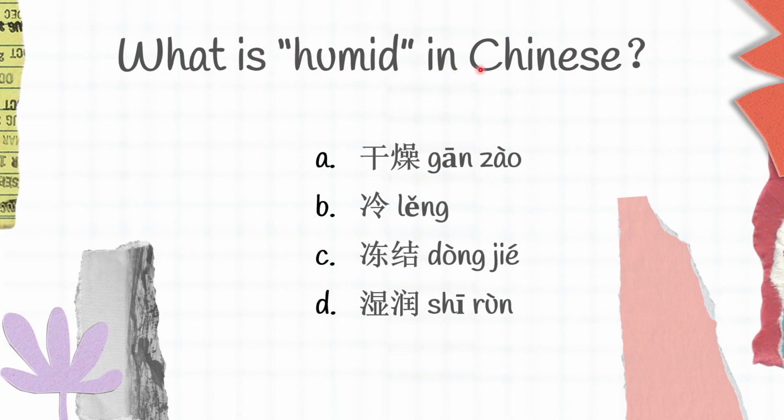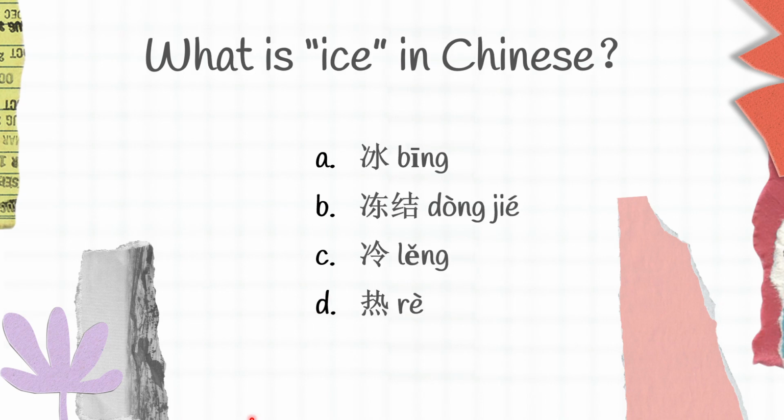So humid in Chinese is D, 湿润. Moving on to the next question. What is ice in Chinese?